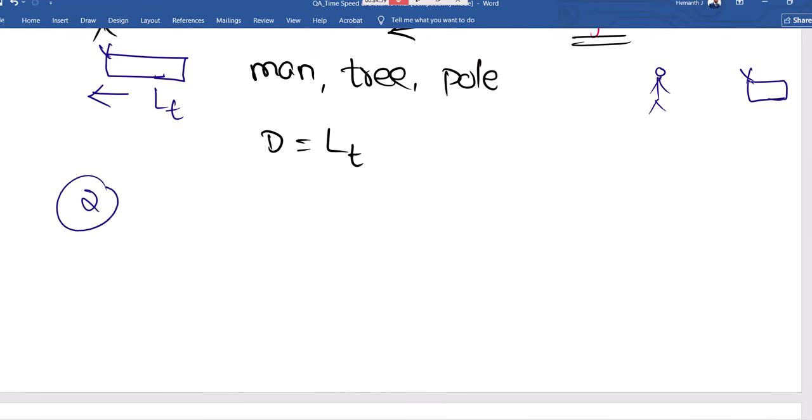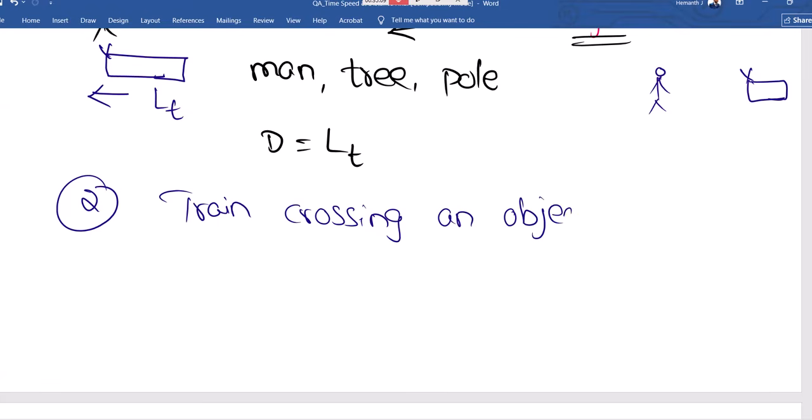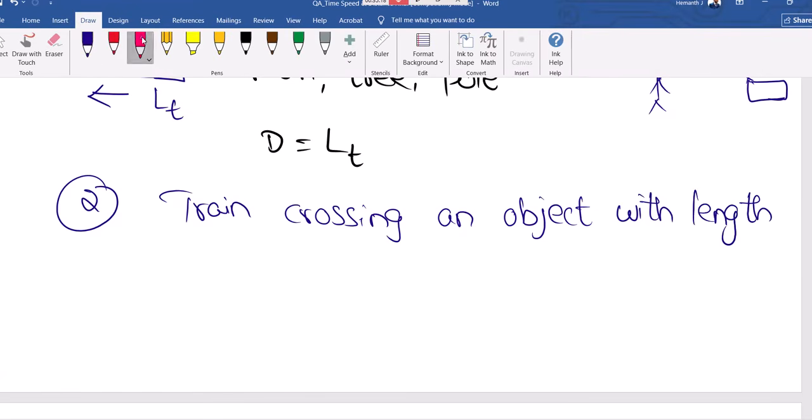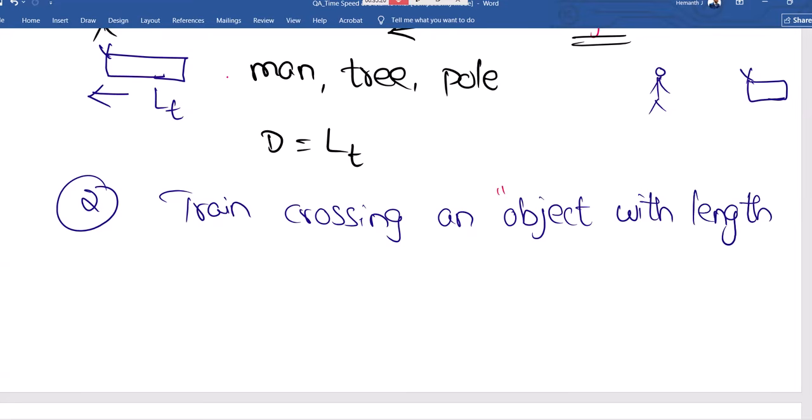Second case, a train crossing an object with length. Here the length is not negligible. Previously it was negligible length; now the object has certain length. So what are the examples, sir? A train crossing another train, whether it is stopped or moving, my dear friend, listen.